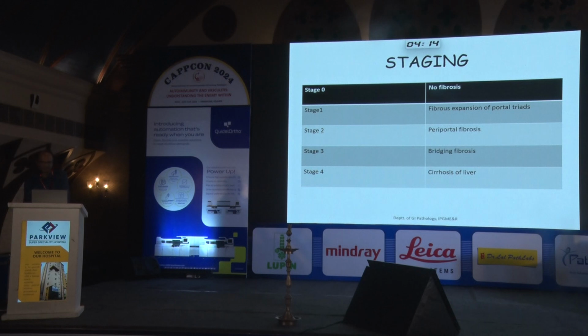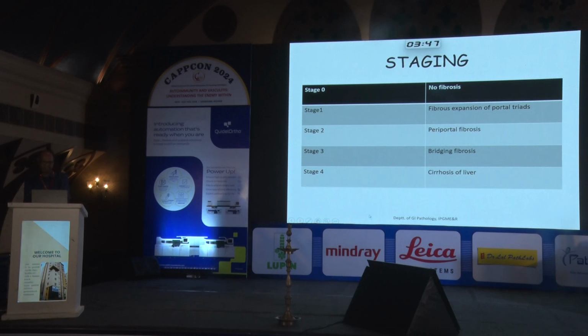Staging is important, as it determines the prognosis hugely, and for this we need connective tissue collagen stain like Masson's trichrome or van Gieson, whatever anyone does. So first we have fibrous expansion, then periportal fibrosis, and then bridging fibrosis.